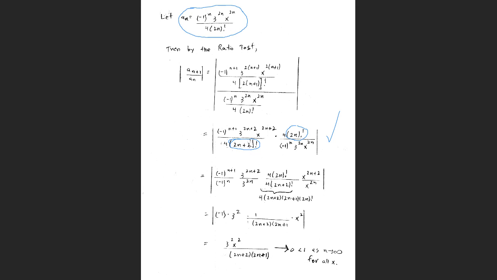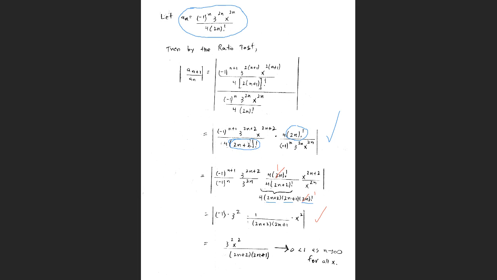Well, the quantity 2n plus 2 factorial can be written as 2n plus 2 times 2n plus 1 times the quantity 2n factorial. By doing that, this allows you to reduce, to simplify, and then this is what you have left.